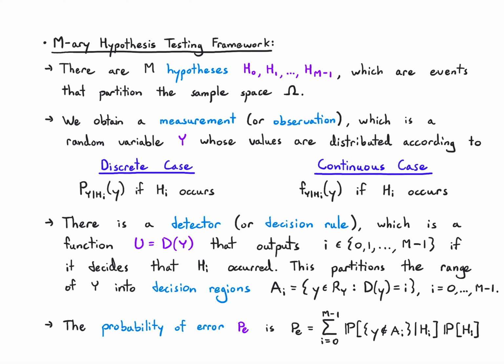So if I have H0, then decision regions 1 up to M minus 1 are all wrong. So the probability of error under H0 is when I go into any of those other regions, so I don't belong to my own decision region. The only thing that really happens here is this event can become a little bit more annoying to calculate. All right, we need a bit more notation.